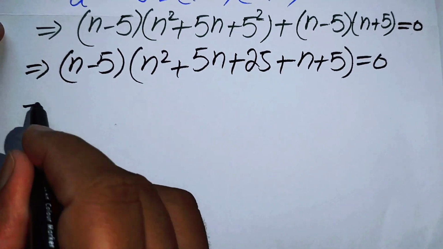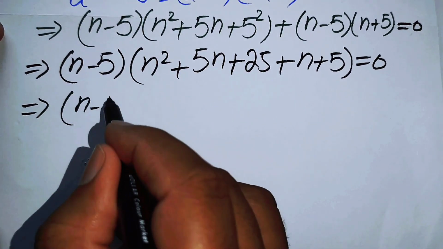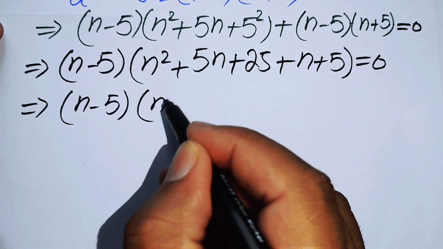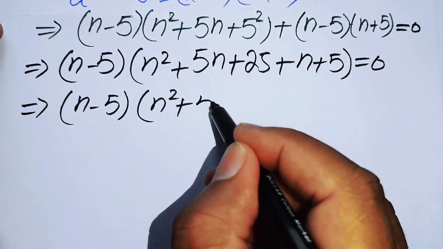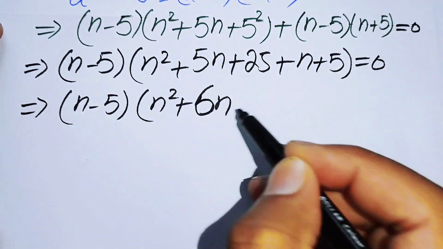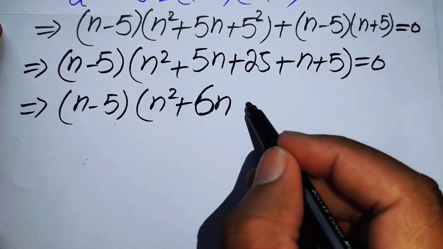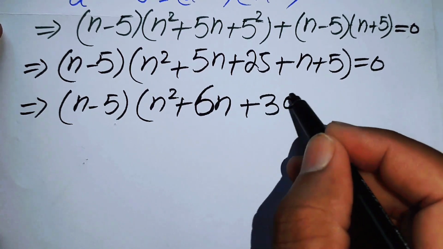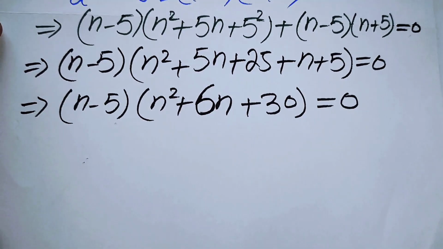Now we simplify the terms and you get n minus 5 times n squared, plus 5n plus n is equal to 6n, and 25 plus 5 is equal to 30, and the whole is equal to 0.